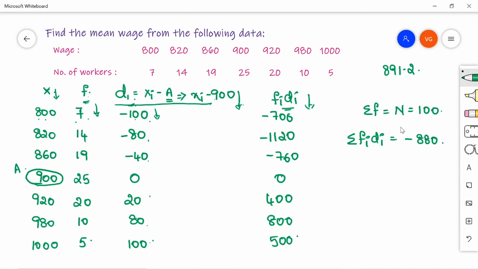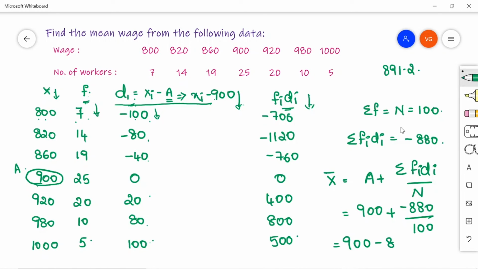Here the formula is x bar is equal to a plus sigma fi di divided by n. What is the value of a? 900 plus minus 880 divided by 100. So this is nothing but 900 minus 8.8, which is 891.2. Right. The same value as with the previous method, the direct method. But here the calculation is simpler, as I have subtracted the assumed mean from the given data points.